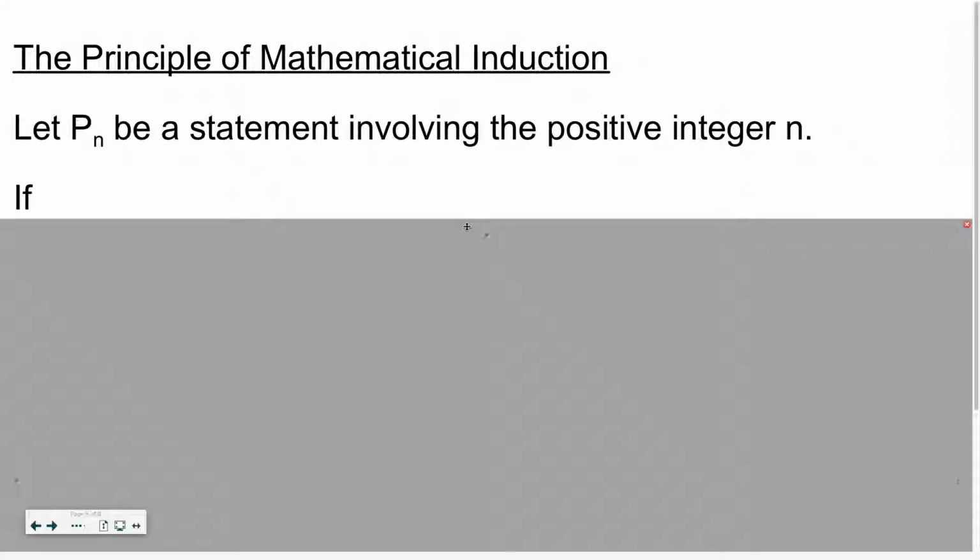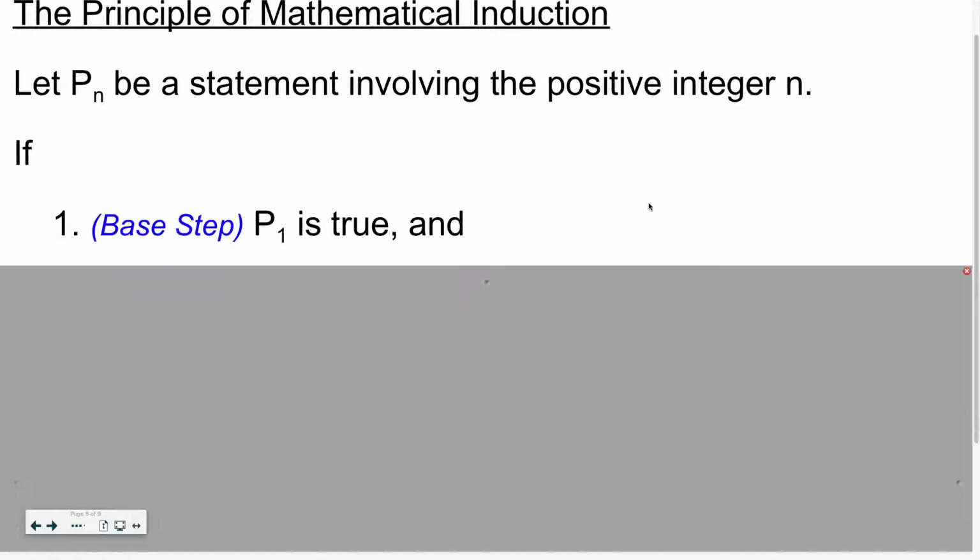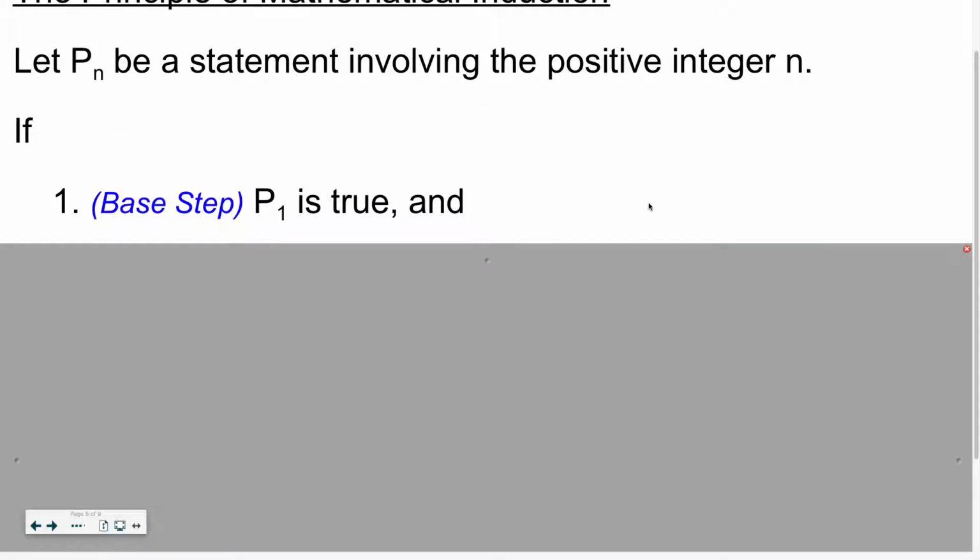Mathematical induction has 2 parts. The first part is something called the base step. It's your job in the base step to prove that whatever statement you have, P sub n, it's true for n equals 1. The first case is true, is basically what you're proving right there. In our work with our series, that's going to be a pretty easy step to do. We'll just plug 1 in where we see n and see that it's true.